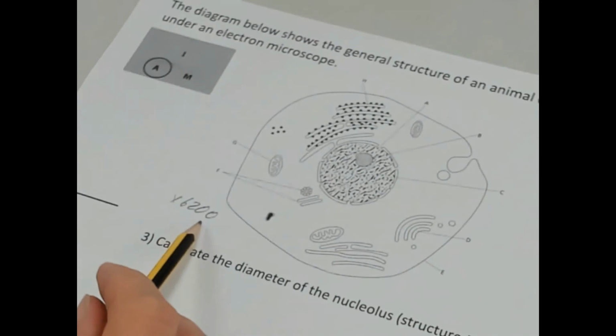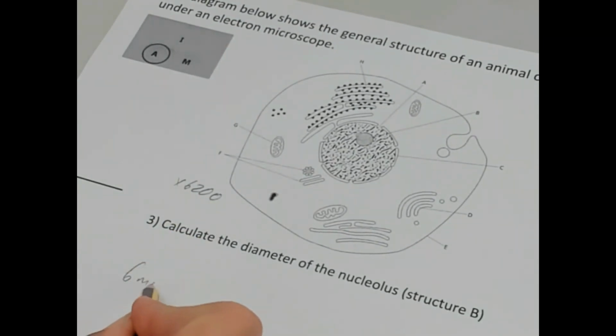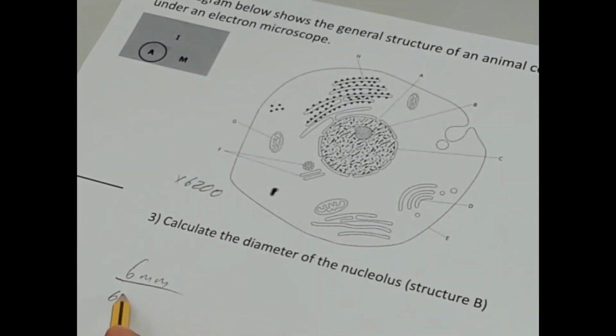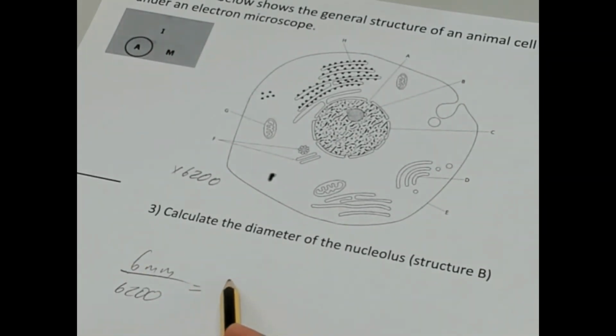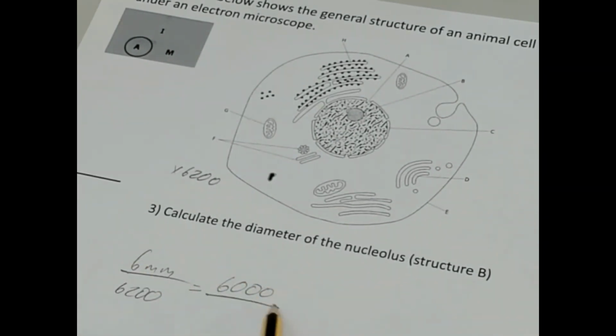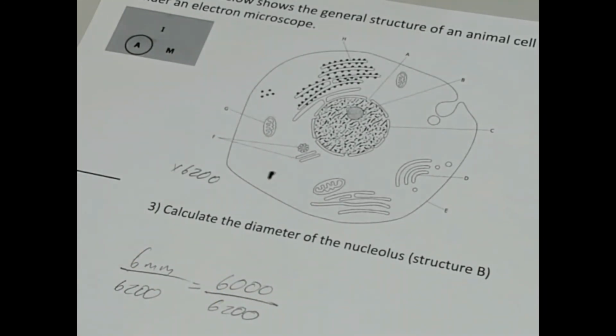So again, using my triangle, 6 millimeters divided by 6,200, convert to micrometers times by 1,000, so we've got 6,000 divided by 6,200.